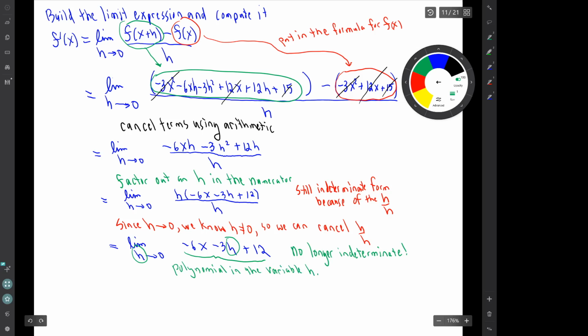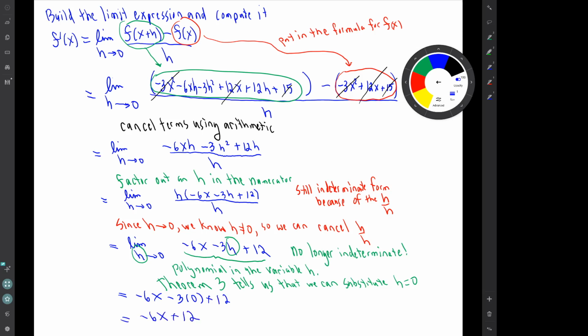Now, we're taking the limit of a polynomial, so we know that we have this theorem 3 that tells us that we can just substitute in h equals 0. There's our result. Notice that once we use theorem 3, there's no longer a limit expression in front of this.